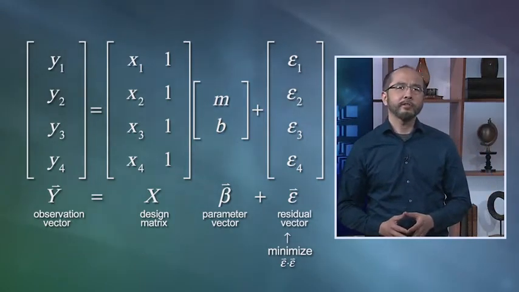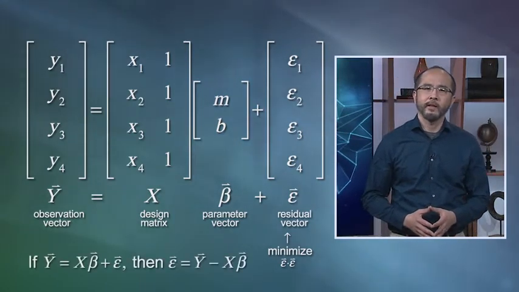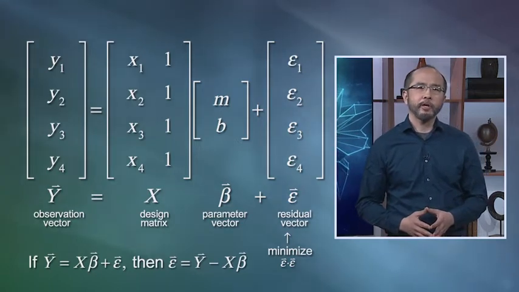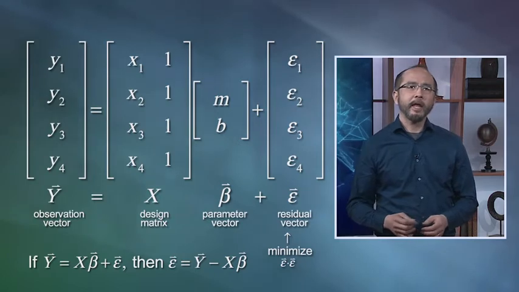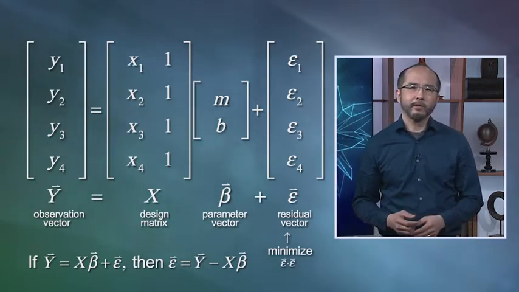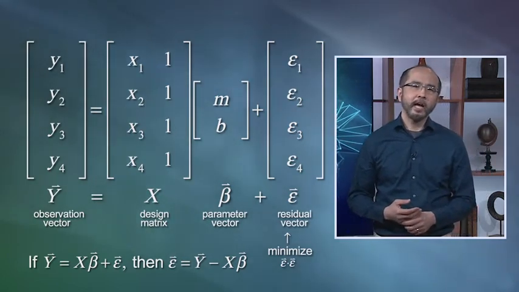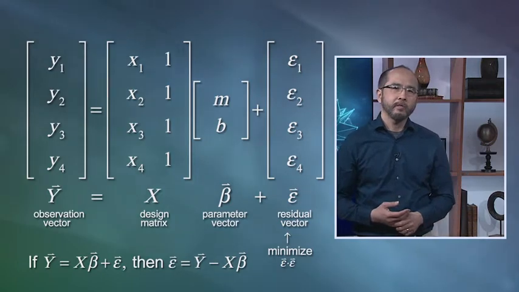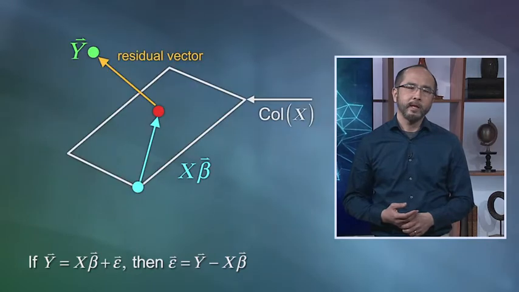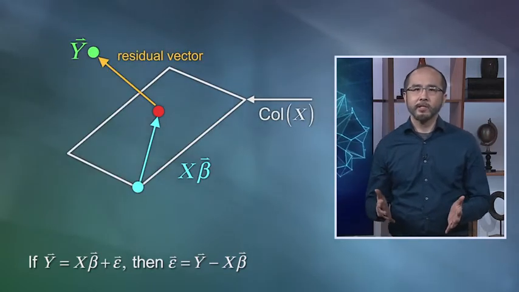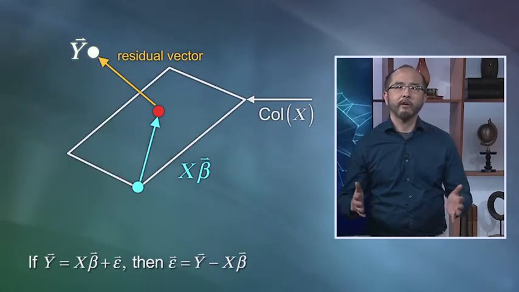Let's see how we can do this minimization. First note, from the earlier equation y equals x beta plus epsilon, that epsilon is the y vector minus x times beta. So we want to minimize y minus x beta. Well, one way to think about this minimization is that y is a point in R4.